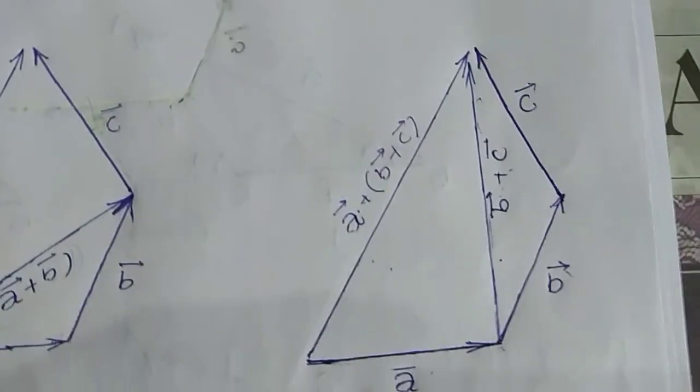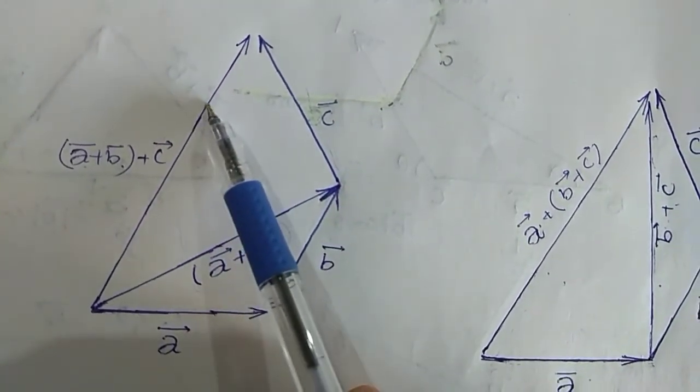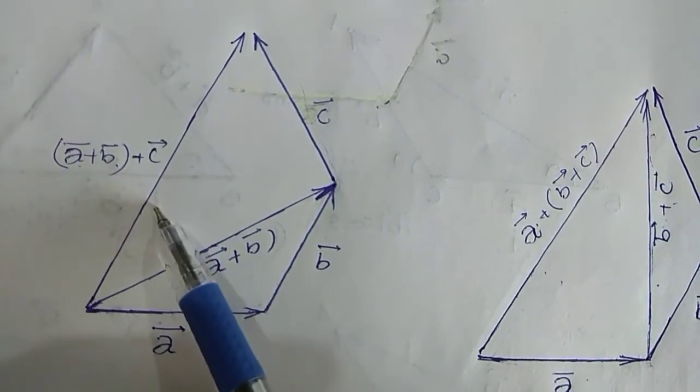Now if you shrink here gradually, arrow coming like this, you see here if A, B and this is C, the same kind, then the resultant will be this.